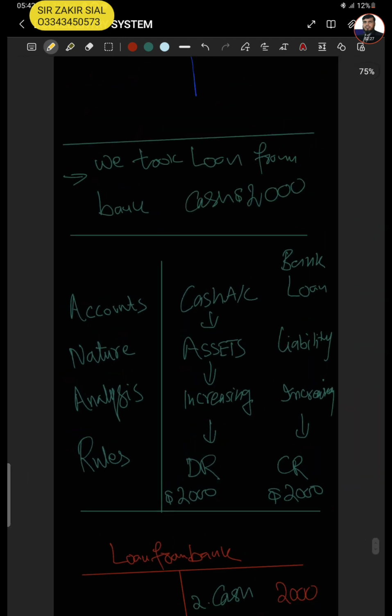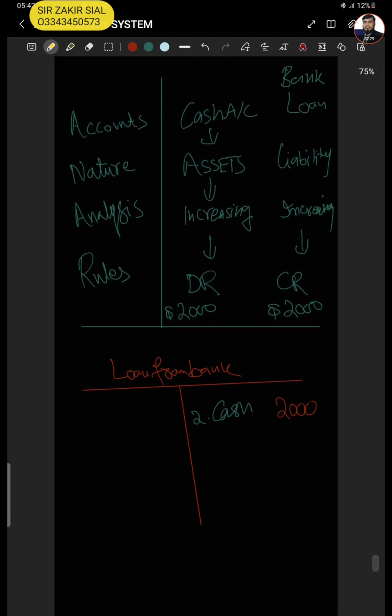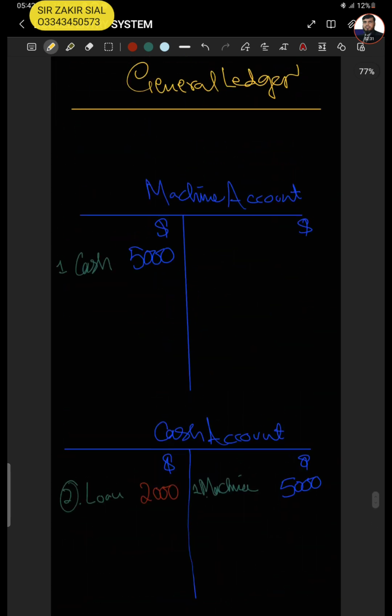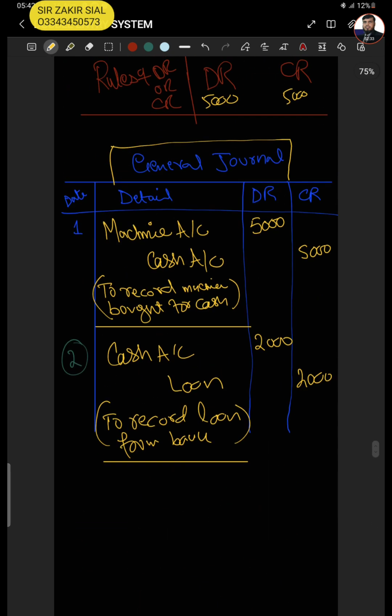For passing all these transactions into the accounts, you can see that whether we write 2 transactions, 3, 4, 20, 100 or 1000 transactions, the sum of debit must equal the sum of credits. Here you can check the sum of debit is equal to the sum of credits. Each page totals 5,000, 2,000, 7,000 and 5,000, 2,000, 7,000. That's why this is called the double entry system.